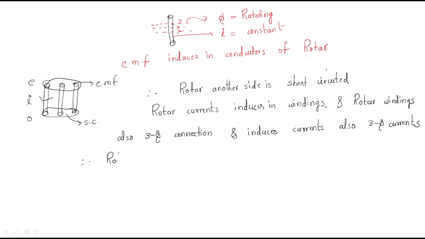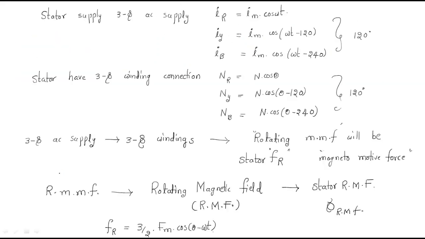Therefore the rotor windings also produce a rotating magnetic field, the RMF of the rotor. First initially the stator RMF is produced, and after that, by Faraday's law, the rotor also produces its RMF. So finally in the air gap we have two things.